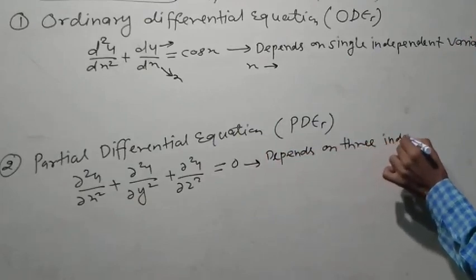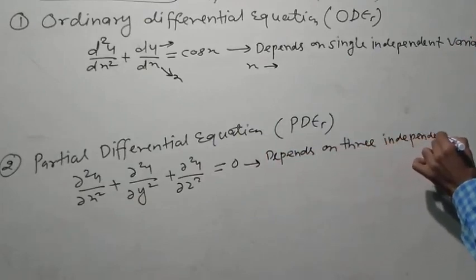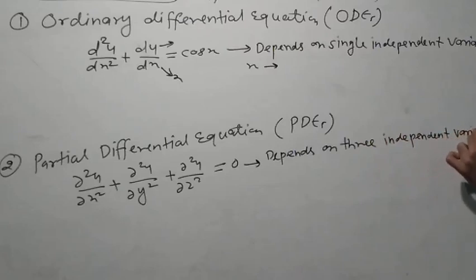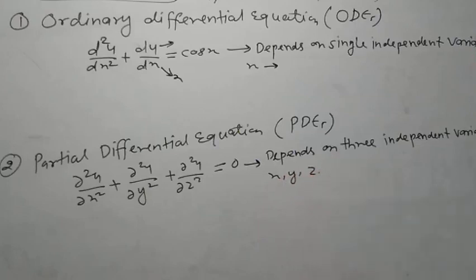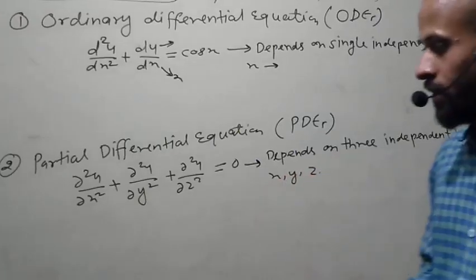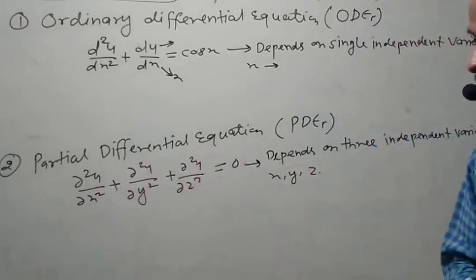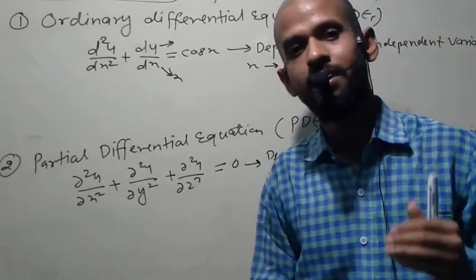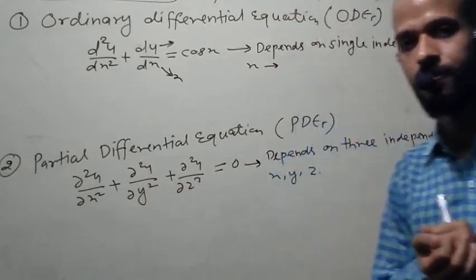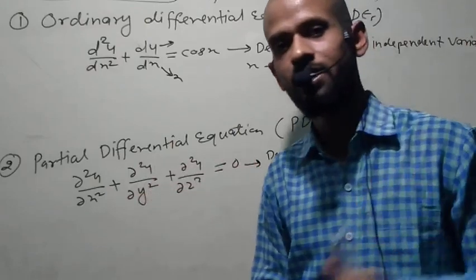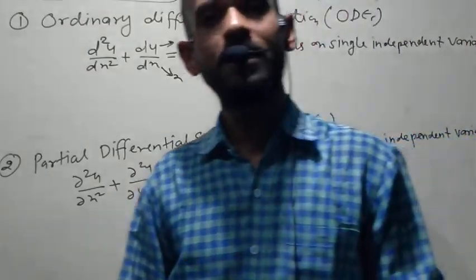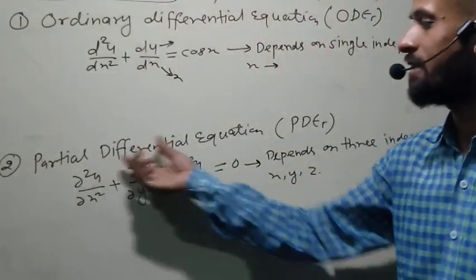The differential equation which depends on more than one independent variable is called partial differential equation.